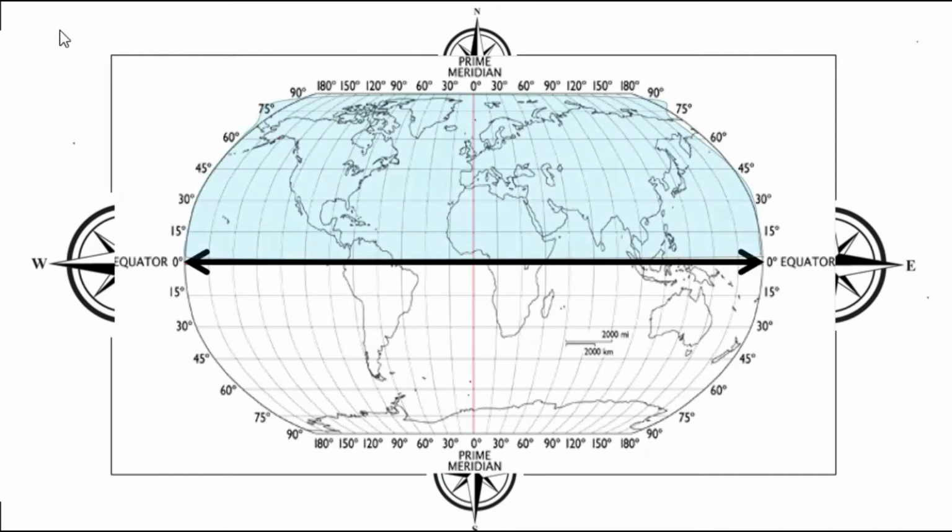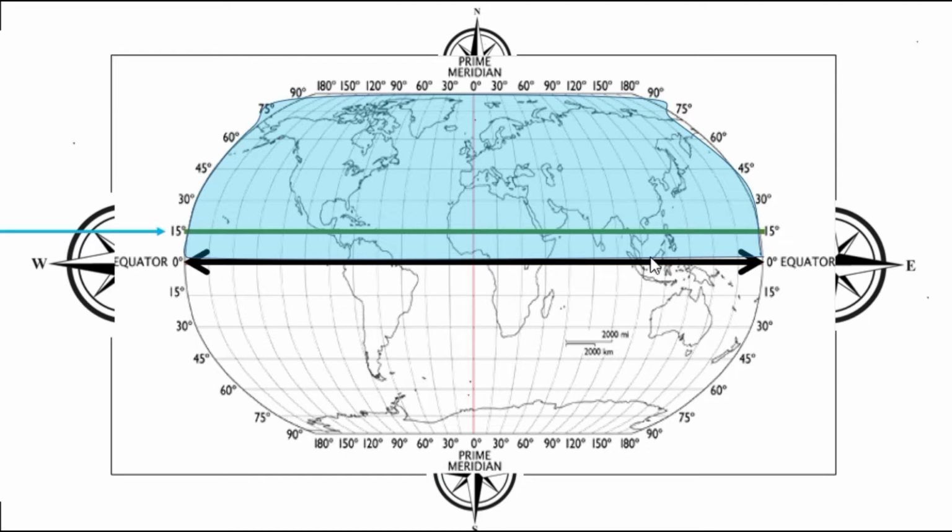Let's start by shading in the northern hemisphere. Okay, so now we're just looking at the northern hemisphere. If you look at this arrow, you'll see it's pointing to 15 degrees. And this is the entire latitude line. This whole entire latitude line is called 15 degrees. That's not its full name, but we're going to call it that for now.